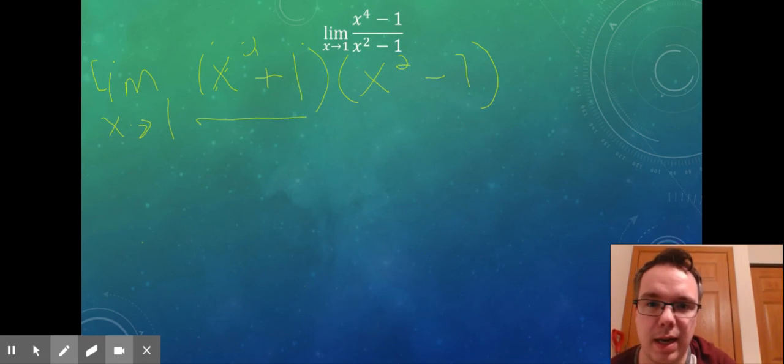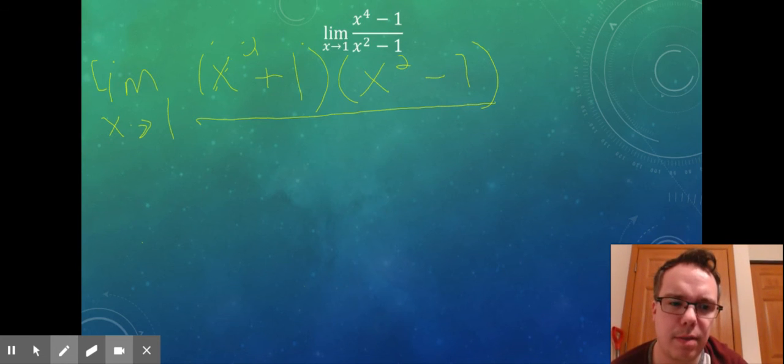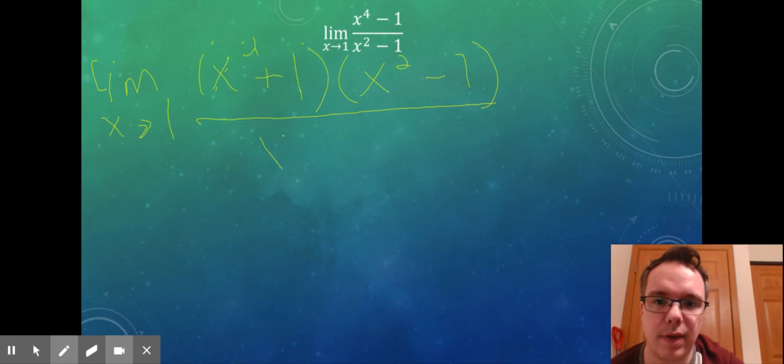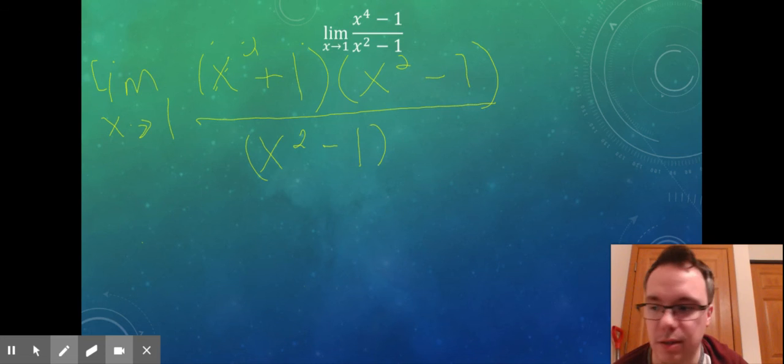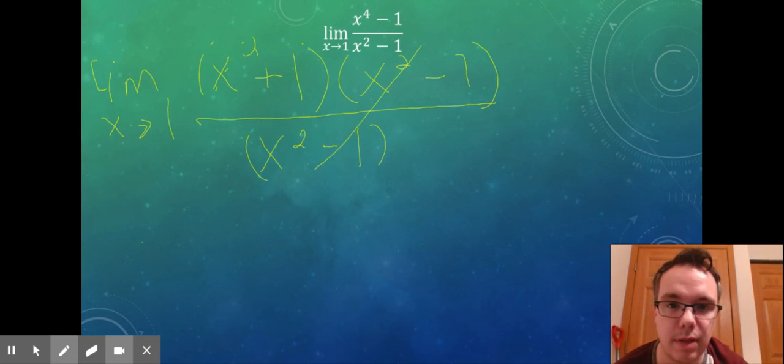And because I could do that, I could factor the bottom into x plus 1 times x minus 1. But if I keep it as x squared minus 1, the canceling out is going to happen again. As you can see, we have an x squared minus 1 times something on top, and x squared minus 1 on the bottom. So they cancel out.